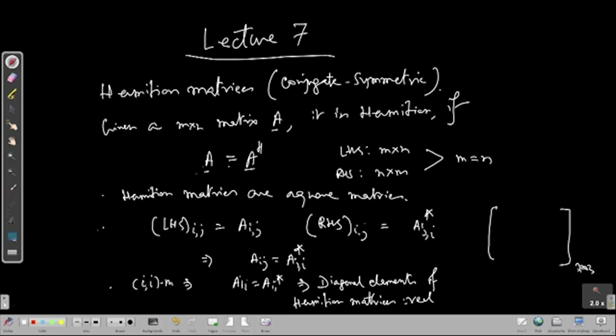So take a 3 by 3 Hermitian matrix, just as an example. The diagonal elements are real; they could be anything, like 1, -1, 3. Then the 1, 2 element and the 2, 1 element are conjugates of each other. So if it is say 1 plus 3j, it will be 1 minus 3j.